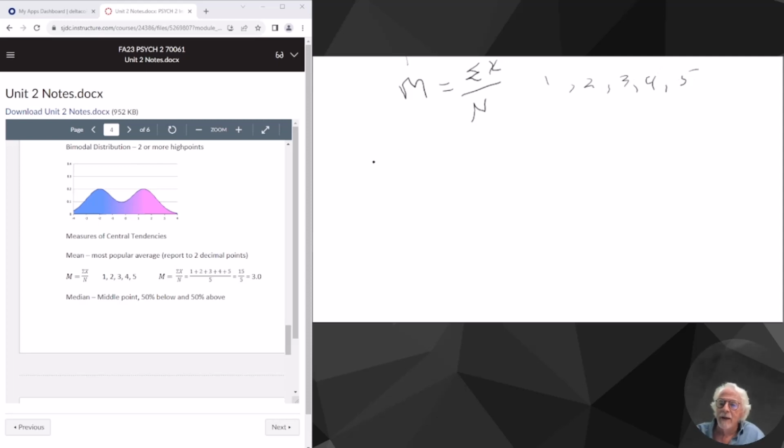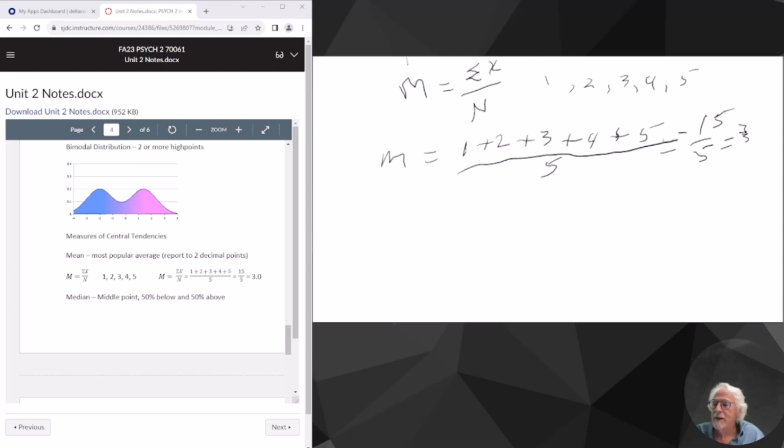So now M is equal to 1 plus 2 plus 3 plus 4 plus 5, over my number of scores, which is 5. So this is equal to 15 over 5, which is equal to 3.